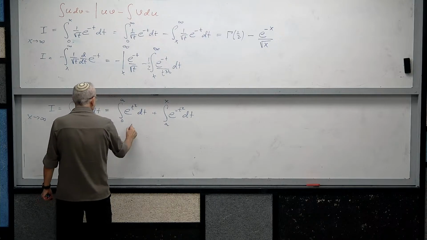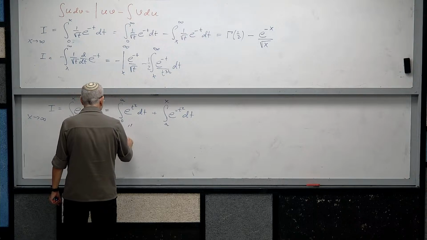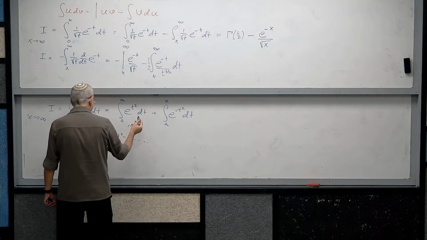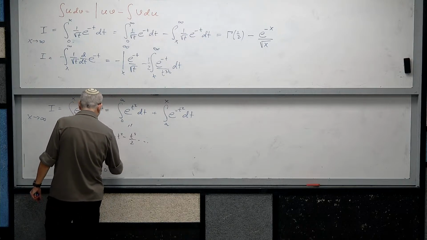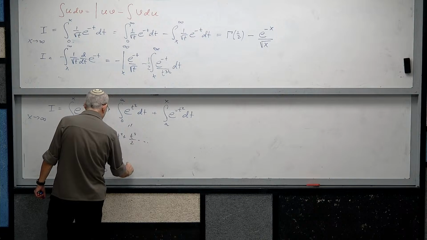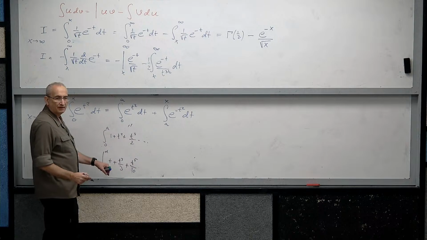Now, this integral may be written as an integral from 0 to a of 1 plus t squared plus t to the 4th power over 2, and so on. It will be t plus t cubed over 3 plus t to the fifth over 10 and so on, evaluated from 0 to a.